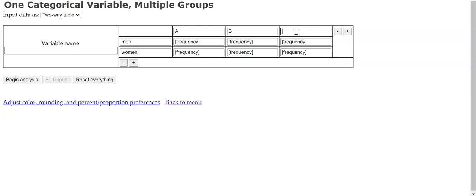Then we just fill in our numbers. We had 230 here, and 325 men in Group B, and 300 men in Group C. And then Group A of women, we have 129. Group B, women, we have 150. And Group C, there is 200. All right.